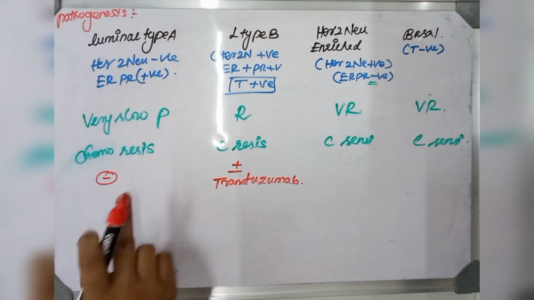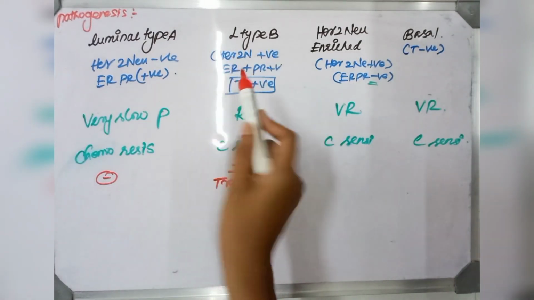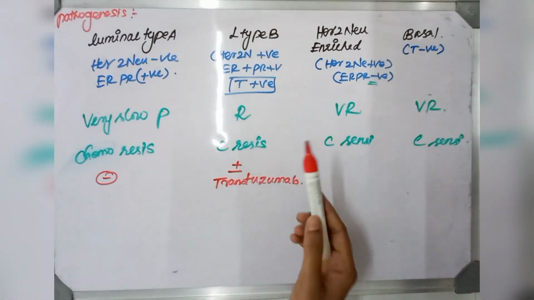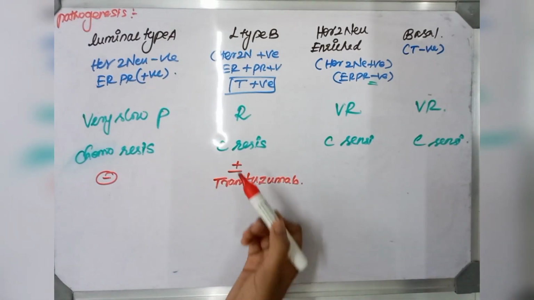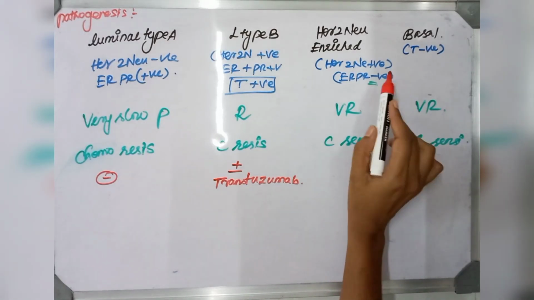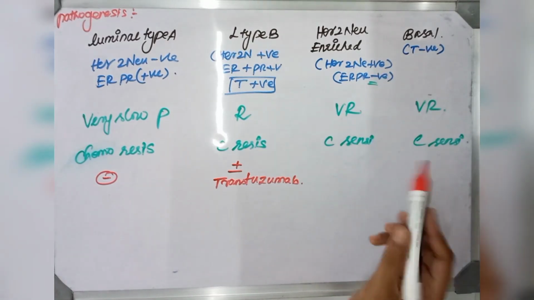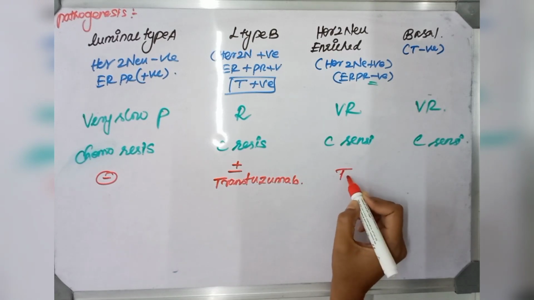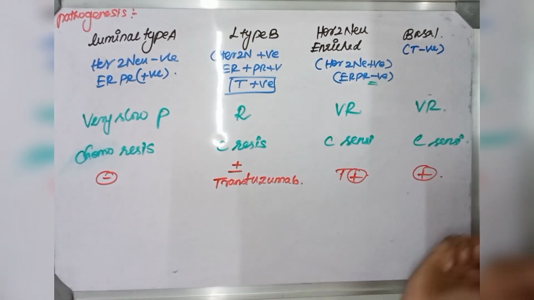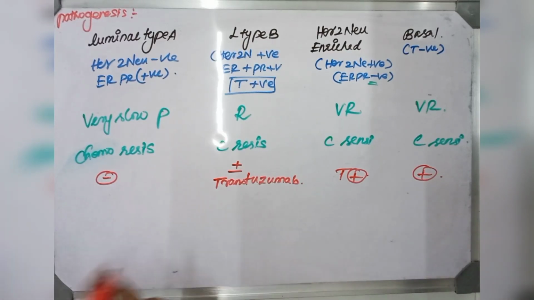It is zero, nil. But here, even though ER/PR is positive, HER2 is also positive, right? So it shows a plus or minus response to trastuzumab. Here this is negative and HER2 is positive, so it shows positivity. That is good with the antibody. That's it. So this is about the drug.